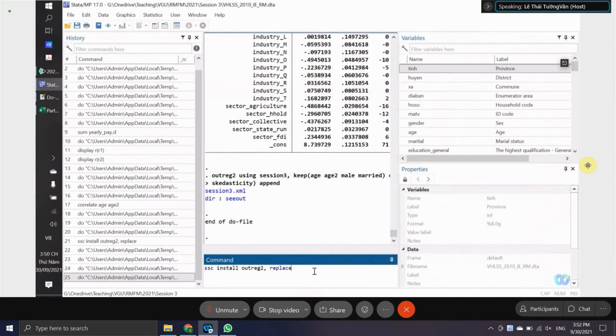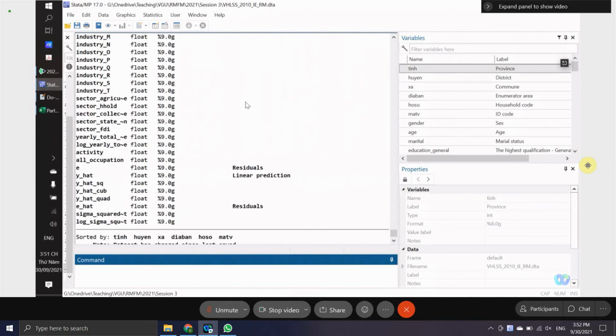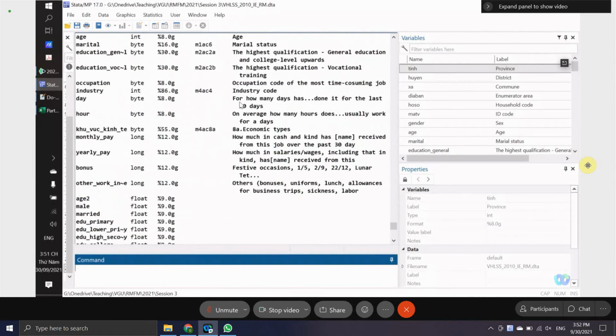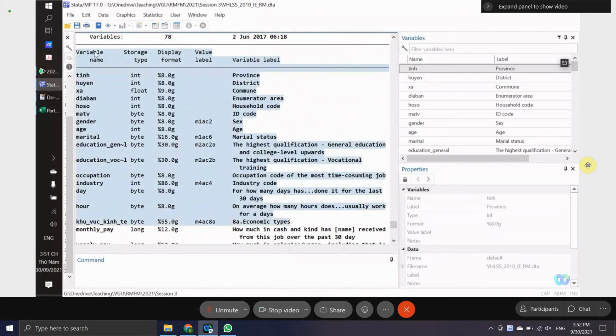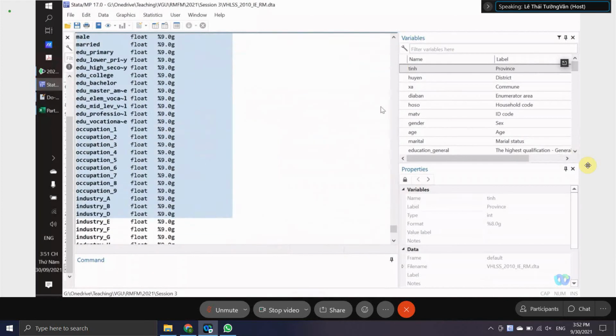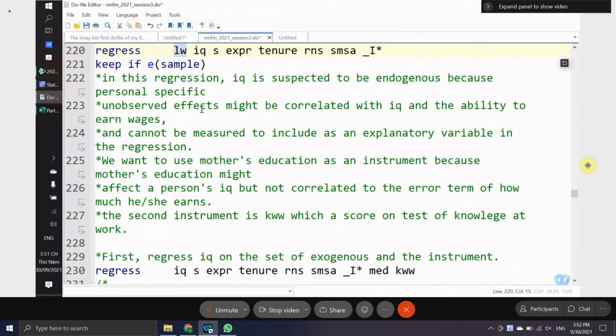Now, I want to show you the meaning of the variables first.